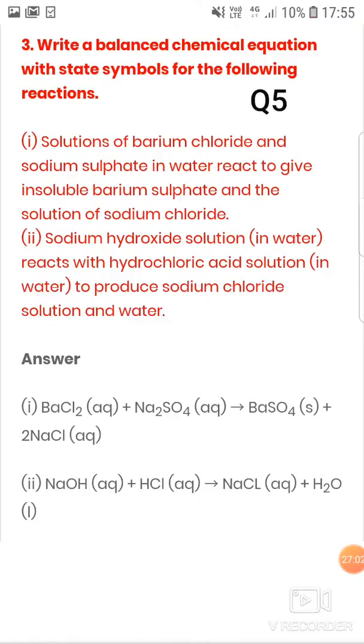It is insoluble, so it is solid, plus sodium chloride, NaCl, aqueous. After writing the symbols, you start balancing the equation. It is very simple to balance the chemical equation.